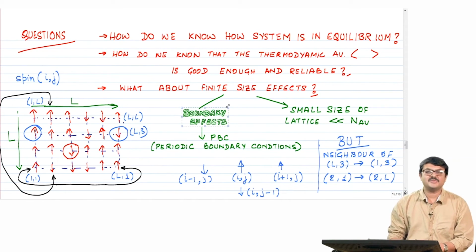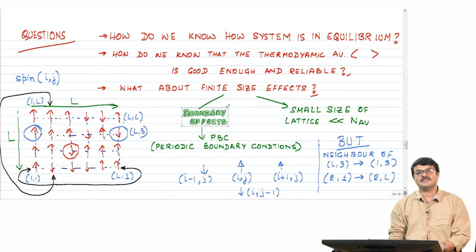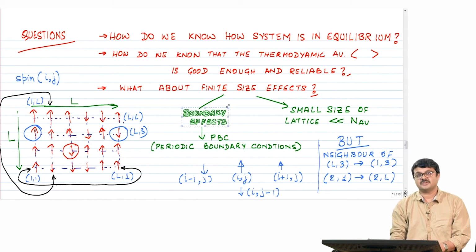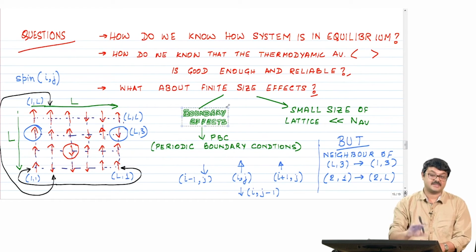But the number of atoms sitting on the surface of a macroscopic thermodynamic sample is relatively few, much smaller than the number of atoms in the bulk, where all atoms are surrounded by 4 atoms if you are talking of a 2D system, or 6 atoms if you are talking about a 3D cubic lattice. Of course, you could also have triangular lattices, but we are not going into that at the moment.